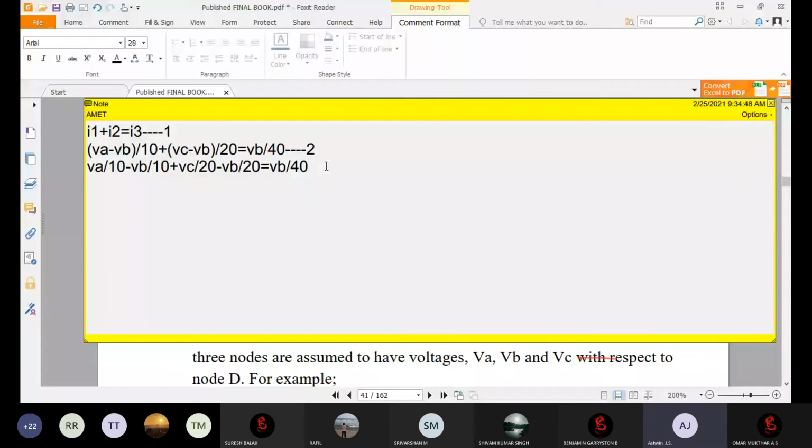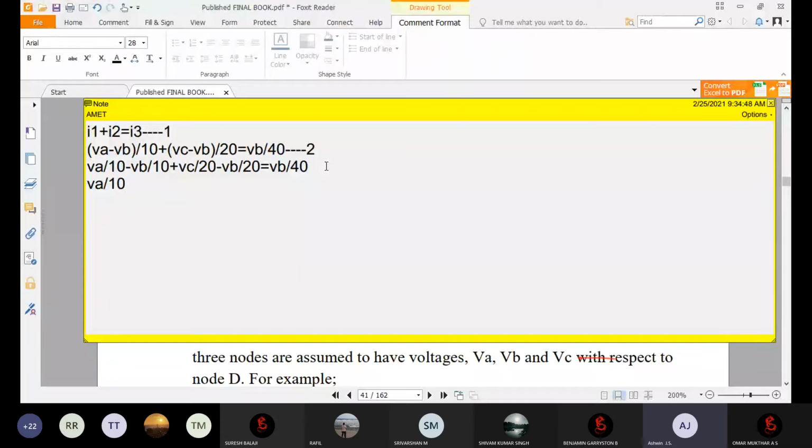In the next step, I'm going to segregate VA, VB, VC so that VA has only one component. VA as it is, VA divided by 10. How many VBs are there? Three.